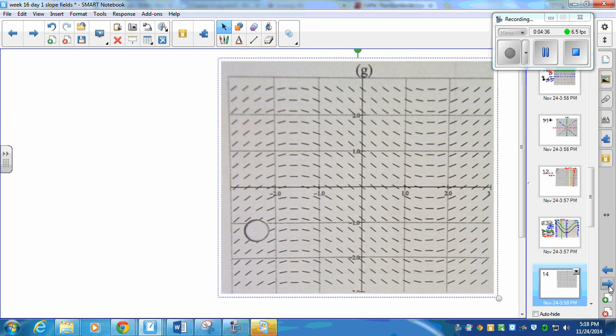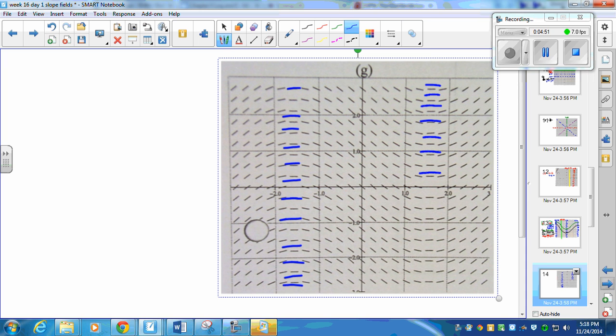Looking at this one, hopefully now you see this trend. Flat, flat, flat, flat. That is somewhere between negative 1 and negative 2. And between 1 and 2 here, it's flat, flat, flat. So let's just say this is when x is, I don't know, pi over 2.